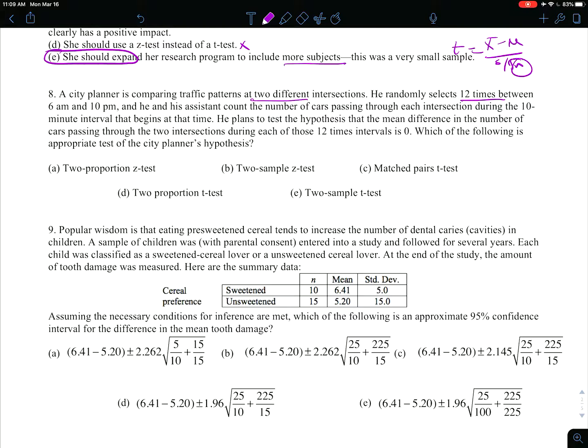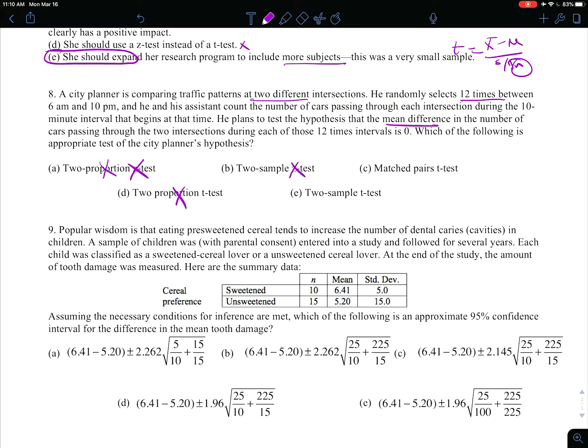Plans to test the hypothesis that the mean difference in the number of cars passing through the 2 intersections during those 12 times is 0. Which of the following is the appropriate test? So we're talking about time. Probably a means, average time, mean difference. Here we go. So let's get rid of our z's. We don't want z tests, and we really don't want proportions. So I'm going to get rid of proportions as well.